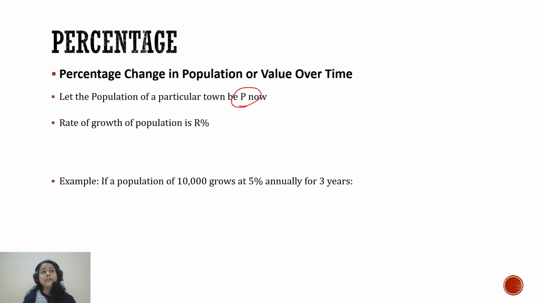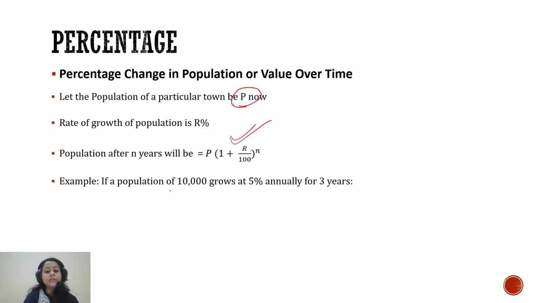In general, population growth every year may change, but here for simplicity we have assumed that population grows every year at a similar rate, that is R%. So population after n years will be this formula: P into 1 plus R by 100, bracket close to the power n, right? So we will simply apply this formula.